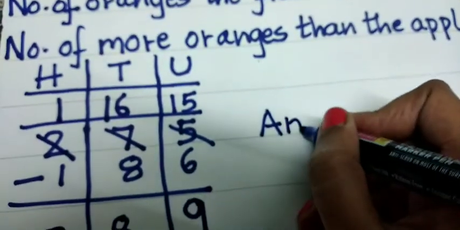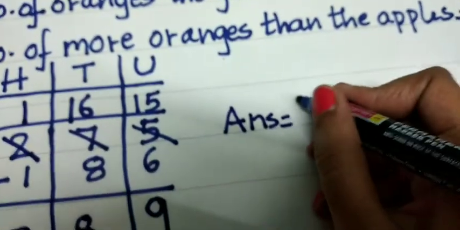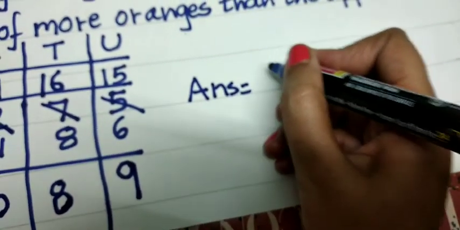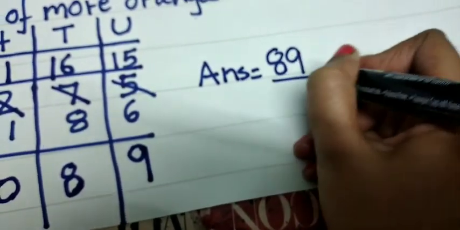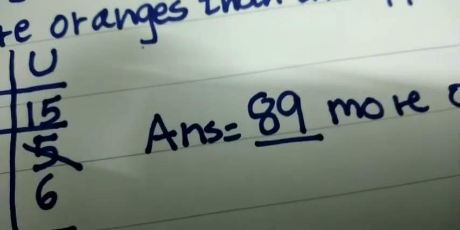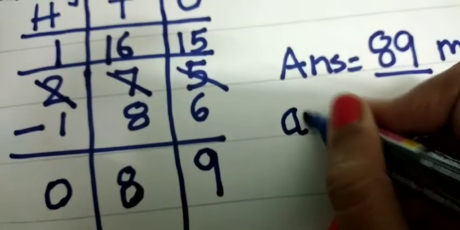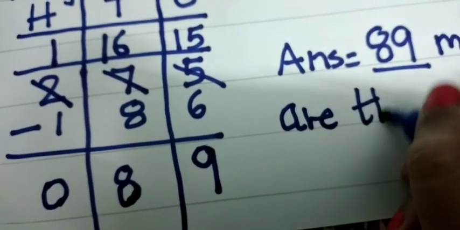So the answer statement will be: there are 89 more oranges than the apples.